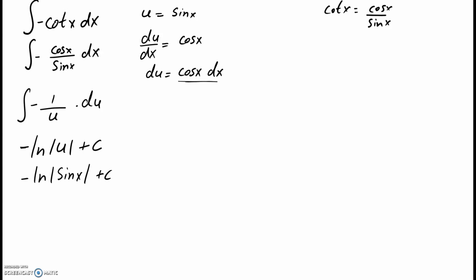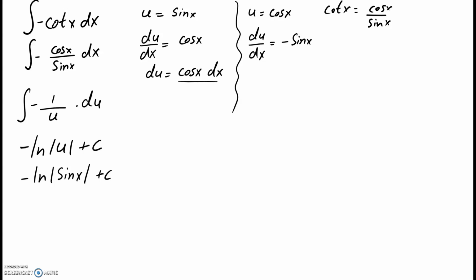Now let me explain why I did not use u as cos x. So look, u equals cos x. If I take the derivative of this, du over dx equals negative sine x, correct?